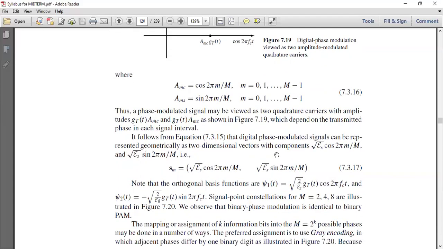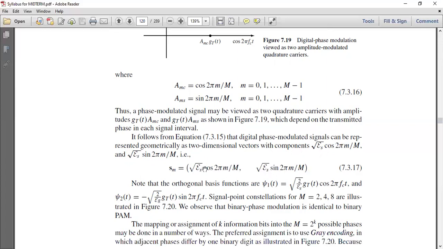Previously the signal constellation points were just root E_s, but now we are adding root E_s cosine 2 pi m over M and root E_s sine 2 pi m over M. So this is the geometric representation of two-dimensional vectors with these components.